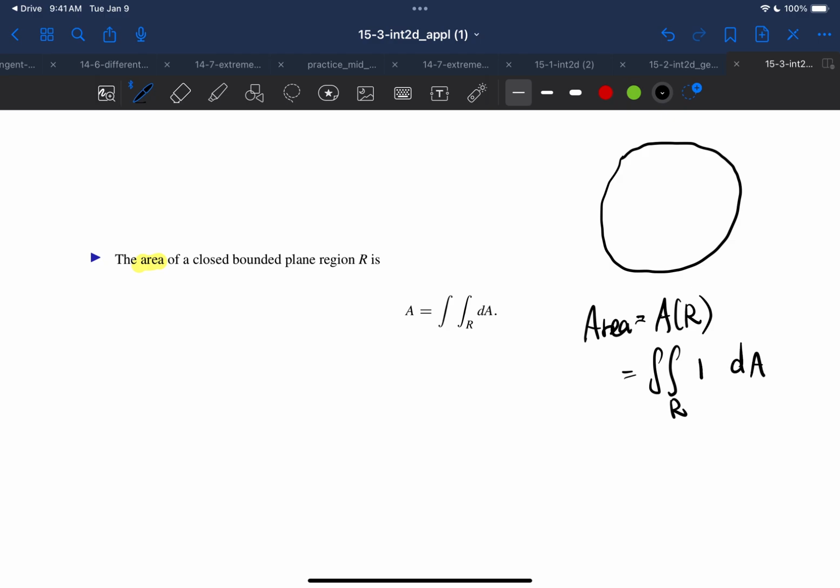What it means is, a double integral is something like you're collecting coins, right? But the coin values are 1 for each spot. So now you're collecting all those things.